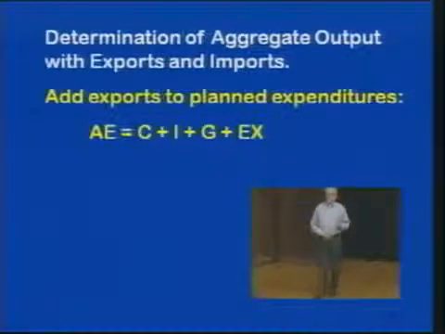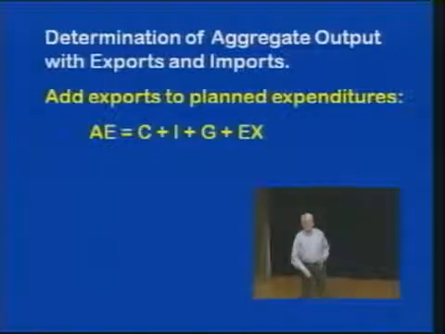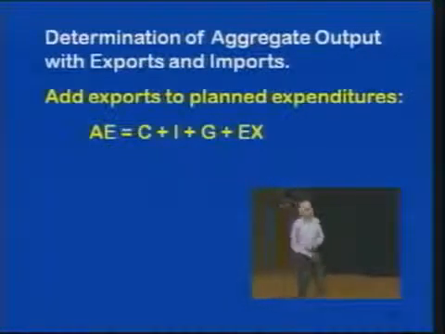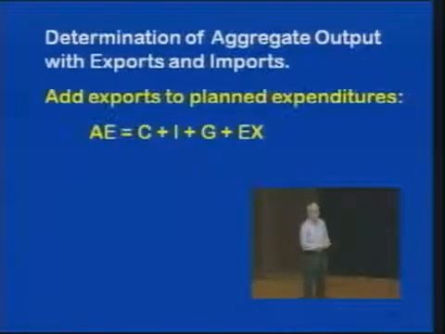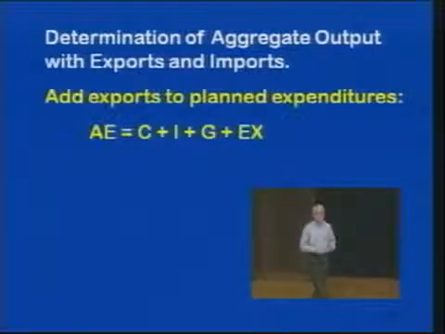Now what we have to recognize is there's actually a new group of people who are buying American goods and services. We have consumers, just like we always did, consumers in the United States. We have firms in the United States who are investing. We have the government in the United States who's buying goods and services. Now we have all the rest of the world buying our exports. So there is another element that's added to planned aggregate expenditure, another group out there buying goods and services.